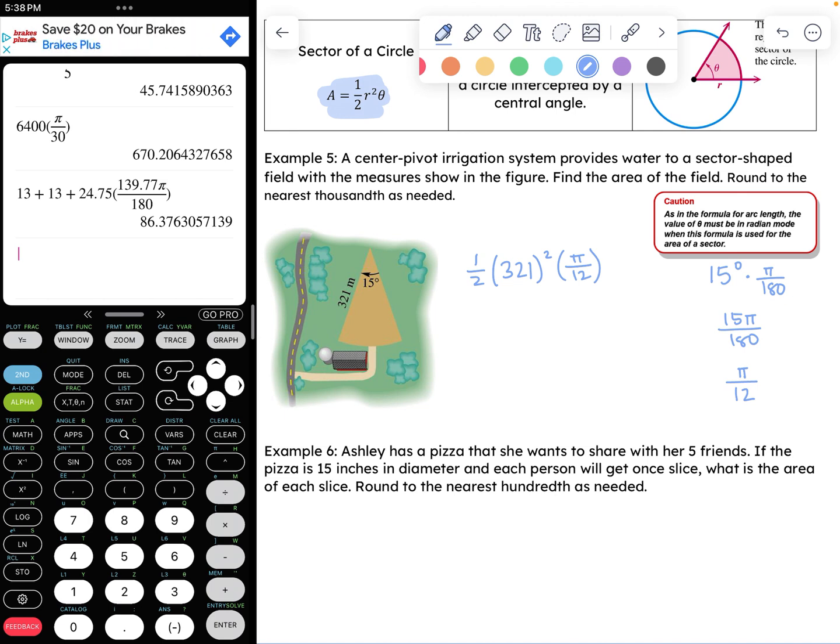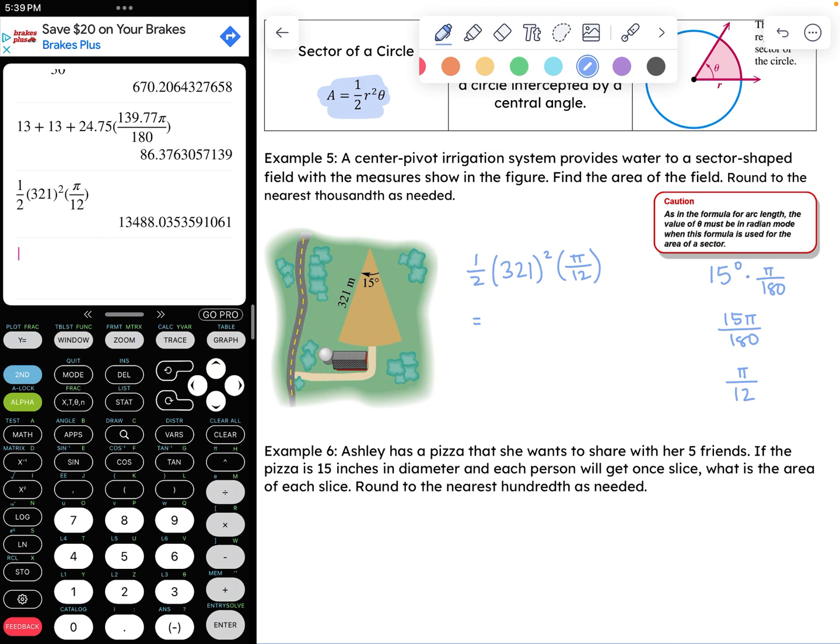So 1/2 times 321 squared times my pi over 12 that I just found. Plug all that into the calculator, gives me a really big number.